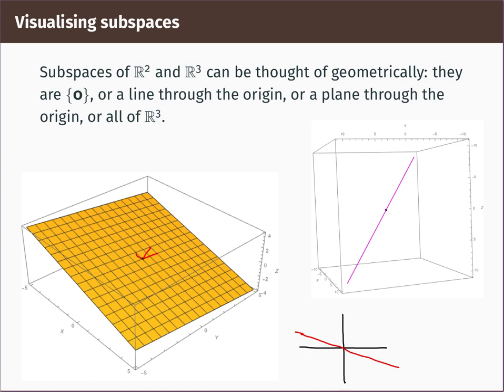And if you scale a point on that line, you end up with another point on that line. This can be helpful in getting some intuition for subspaces, because we have this geometric interpretation for R squared and R cubed. Subspaces look like lines through the origin, or planes through the origin, or the whole of R cubed, or just the zero vector.